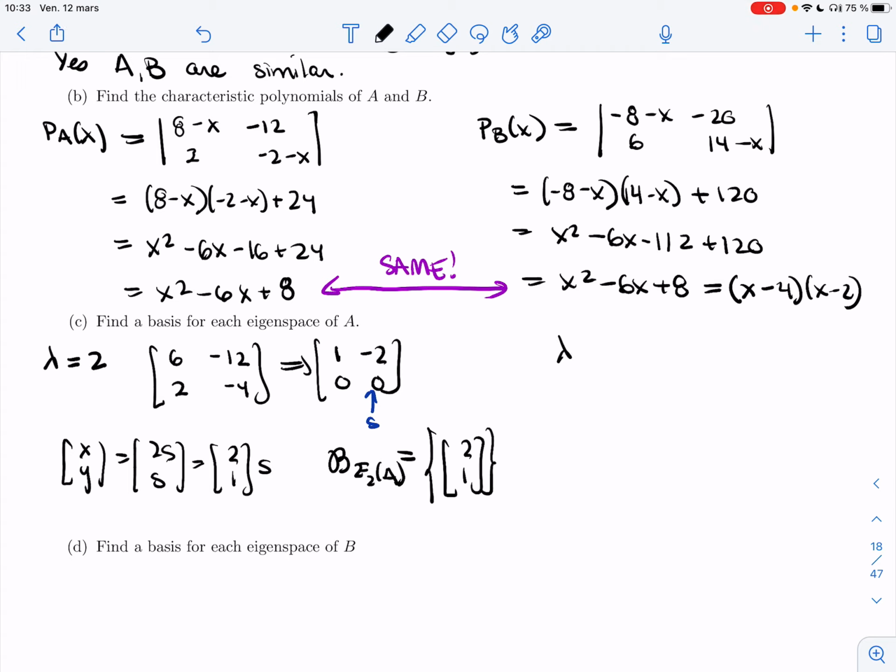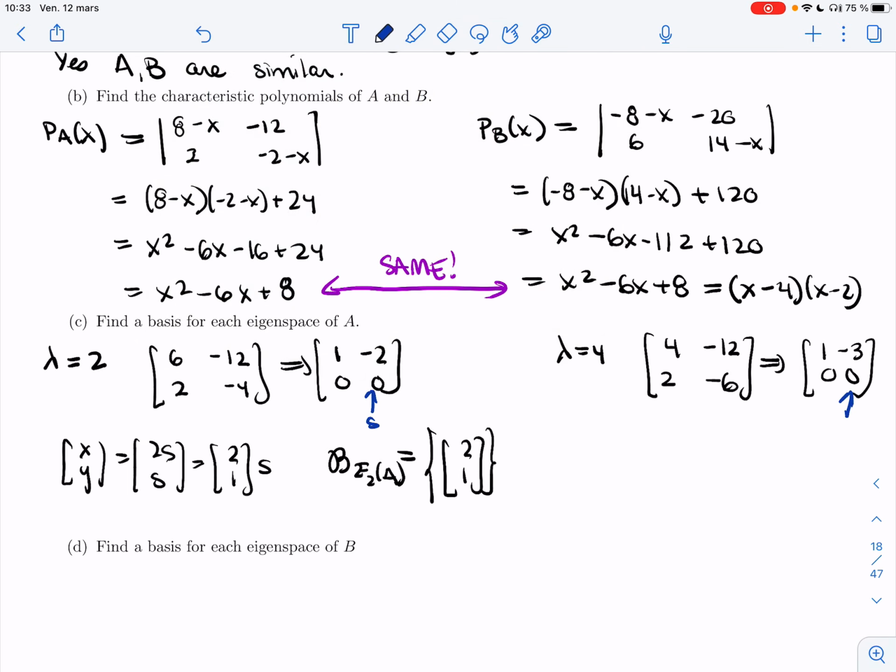All right, lambda equals 4. I get 4 minus 12, that's a 2, and minus 4 here, that's minus 6. So it reduces to 1, -3.